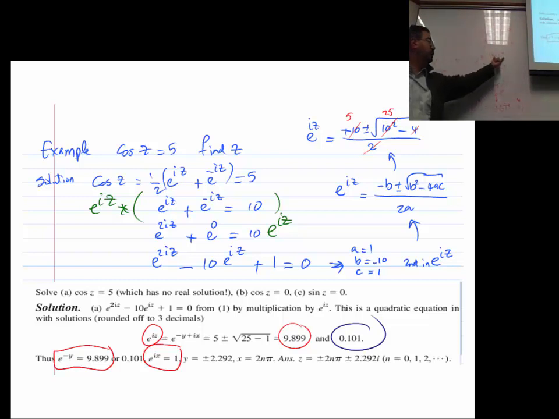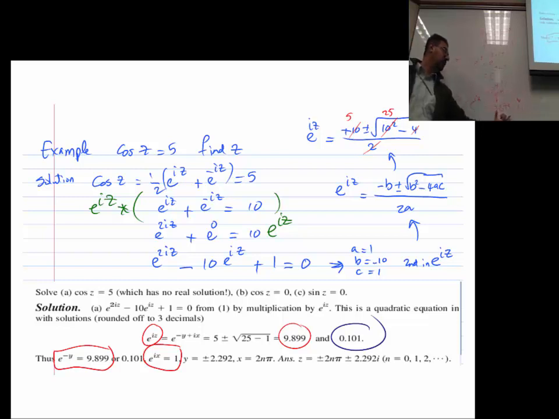This is i multiplied by x plus iy, which makes ix minus y. If you bring the y in, it becomes minus y plus ix. Well, this guy then is two parts, e to the power minus y multiplied by e to the power ix. This now can be equated to this.